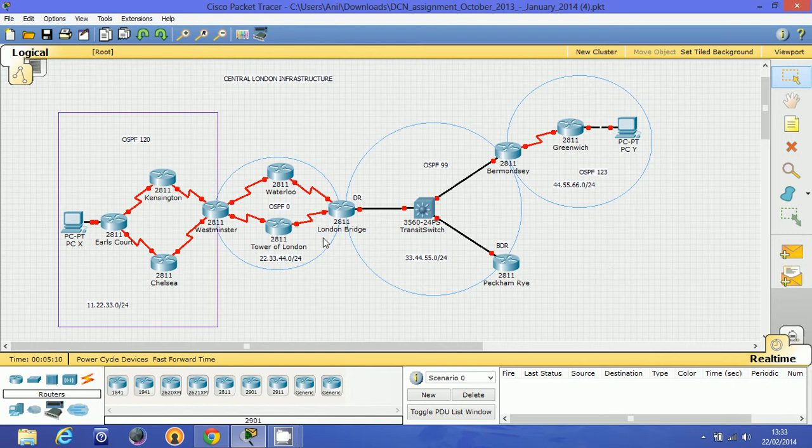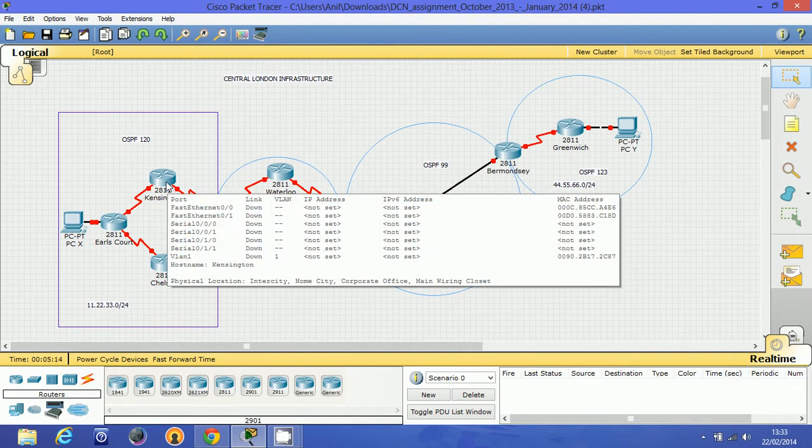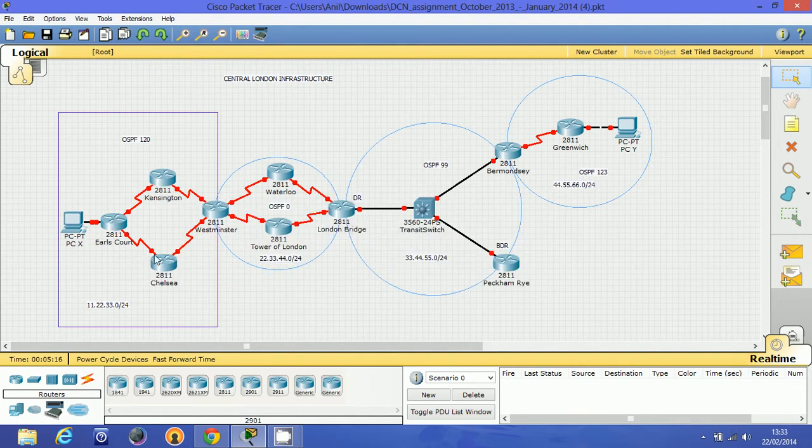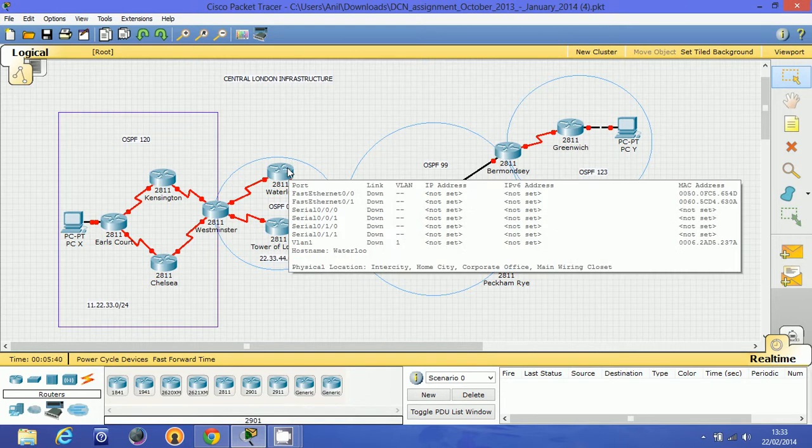Suppose in this case, this router will collect the information of these three routers, and it advertises to all other routers. If it's not divided into four different areas, this router will collect the information of neighbor routers and advertise to all routers in this autonomous system.